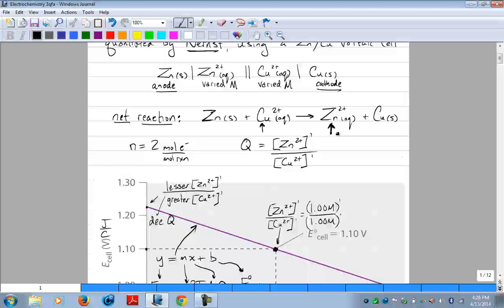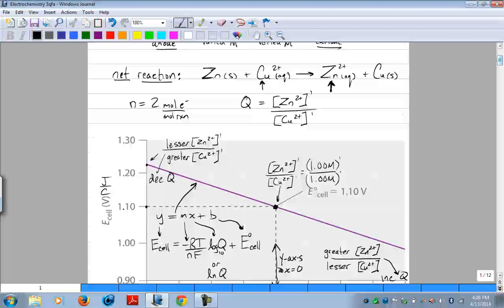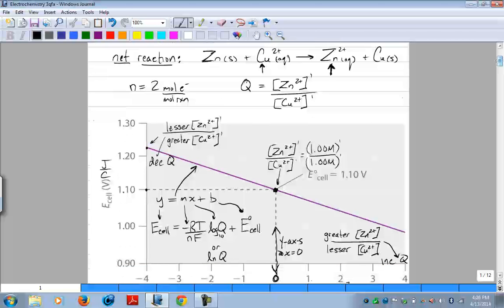So relative to standard conditions, when there is a faster forward reaction rate and a slower reverse reaction rate, that's reflected with a greater difference in attraction for electrons between the half cells, and the cell potential difference increases.